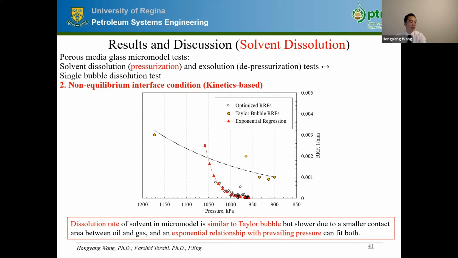We can see that the dissolution rate of solvent in the micromodel is very similar to the Taylor bubble, but relatively slower, because a Taylor bubble has a larger contact area between the bubble and the surrounding liquid. For the pressure decay test of solvent in the micromodel, the contact area is relatively smaller. But the order of magnitude of the Taylor bubble dissolution rate and the bulk phase pressure decay dissolution rate are very similar.